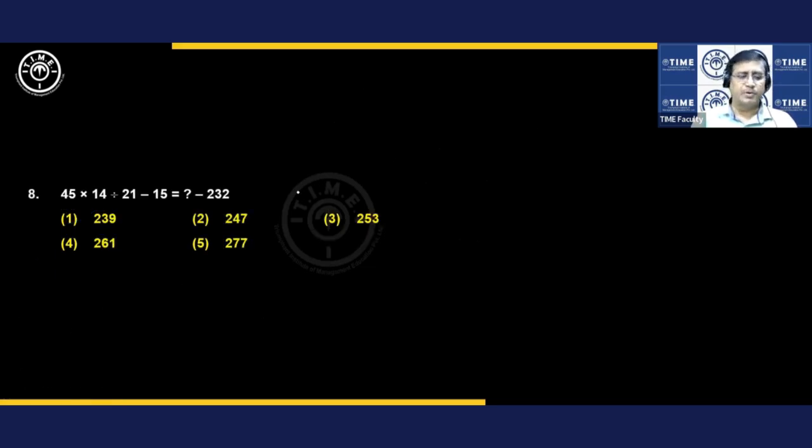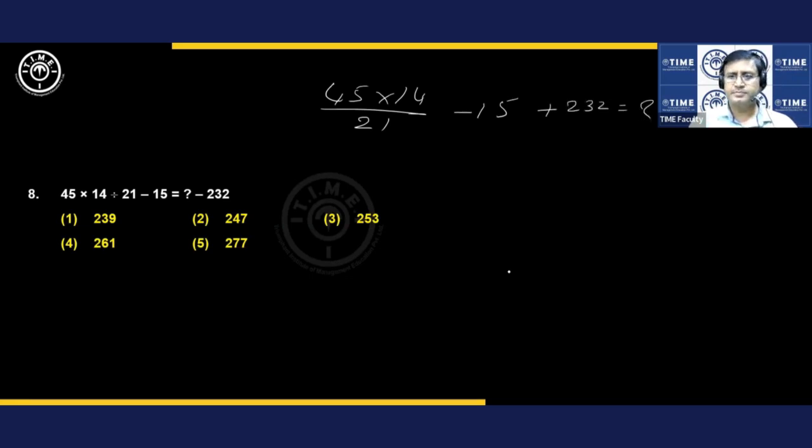Now look at the next example. Question number 8. 45 into 14 by 21 minus 15 plus 232. 7 2 times, 7 3 times, 3 here 15 times. 2 into 15, 30, 30 minus 15 is equal to 15.